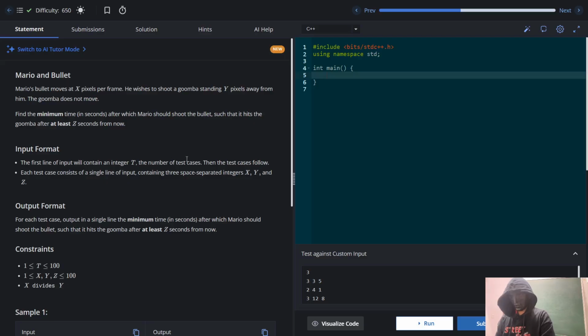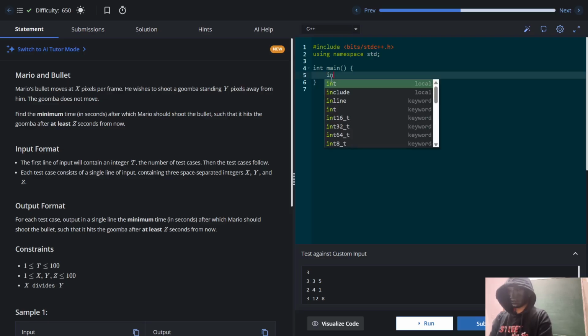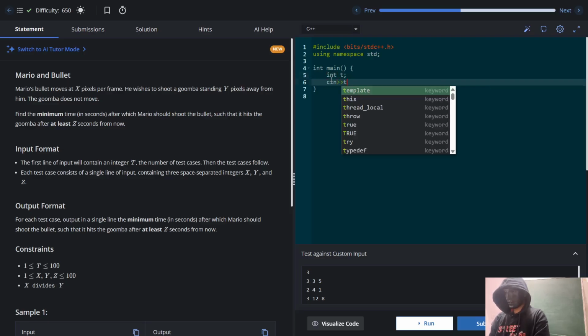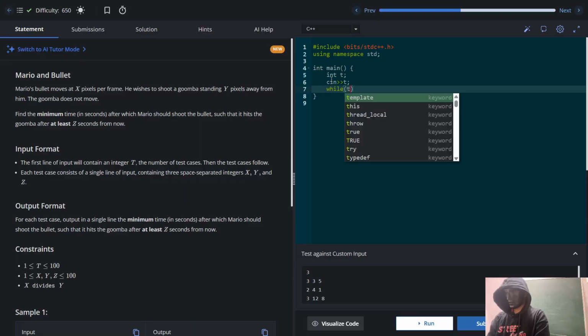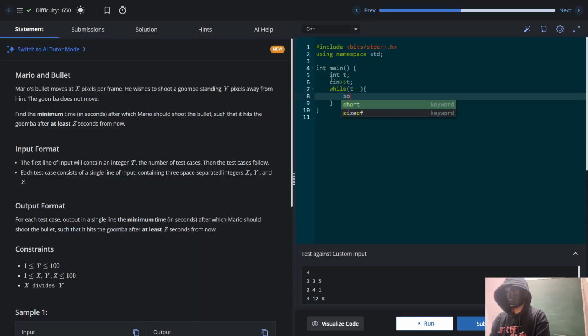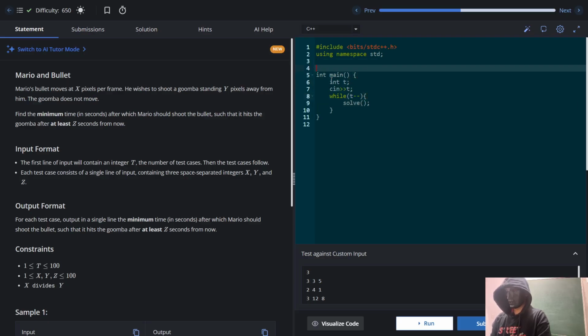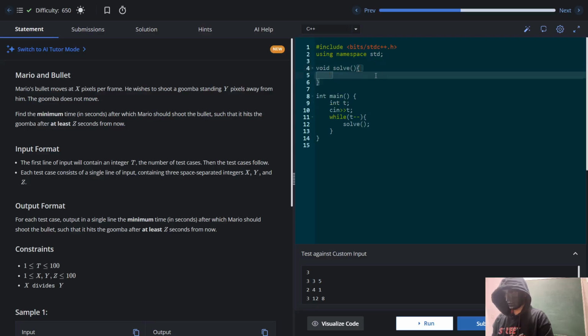The first line of input will contain t, denoting the number of test cases. So this will take care of all the test cases. I'll call for every test case one function whose name is solve, whose type is void, and does not have any parameter.